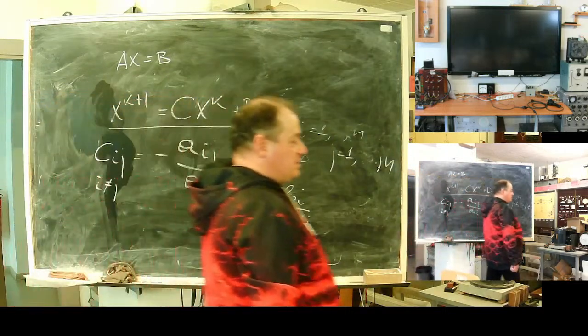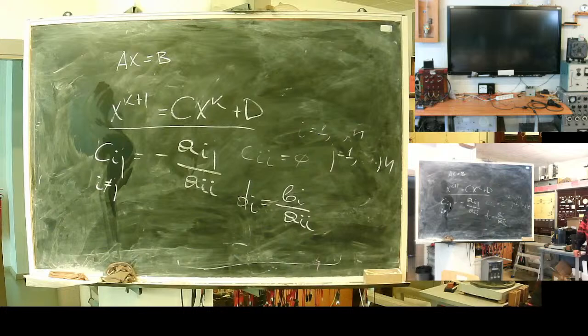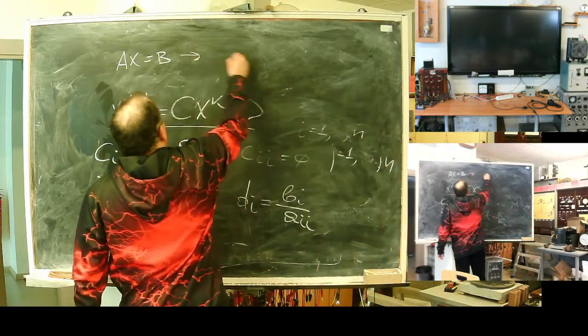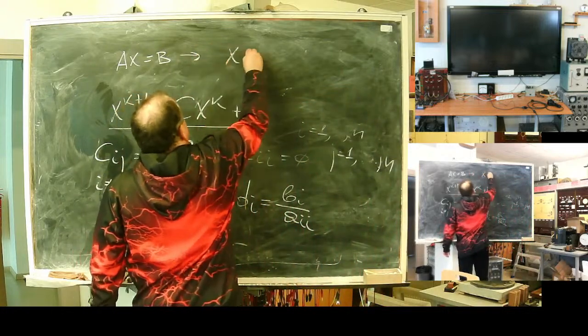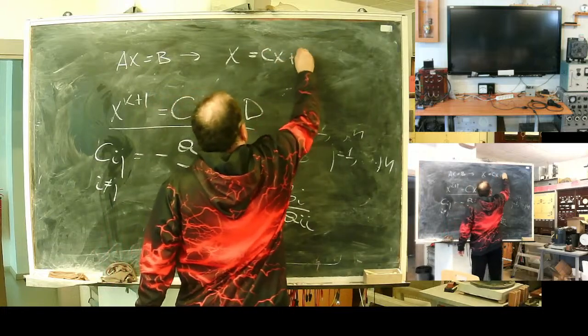What did Jacobi do? Very simple trick. From the form Ax equals b, he solved x equals Cx plus d.